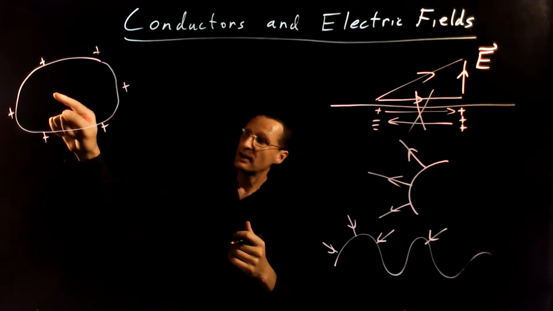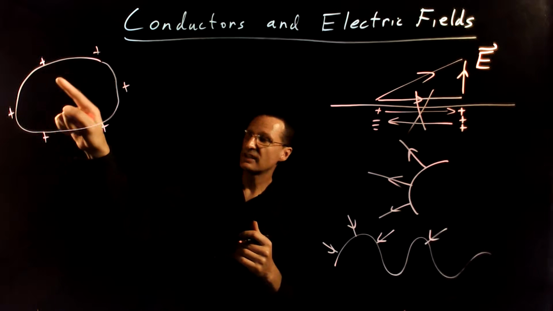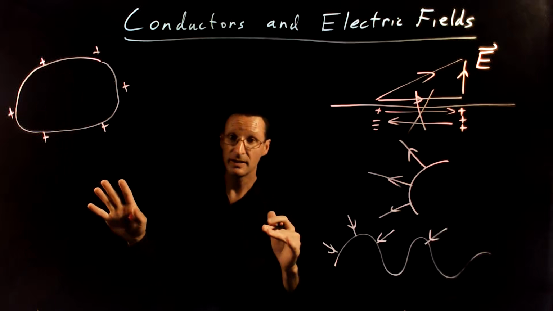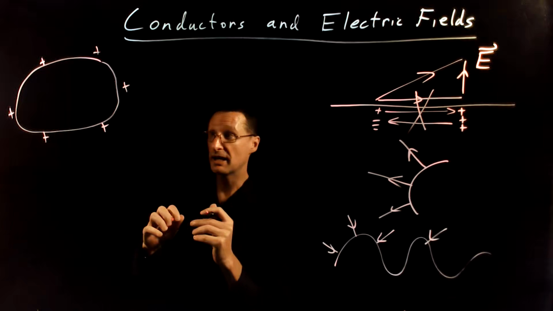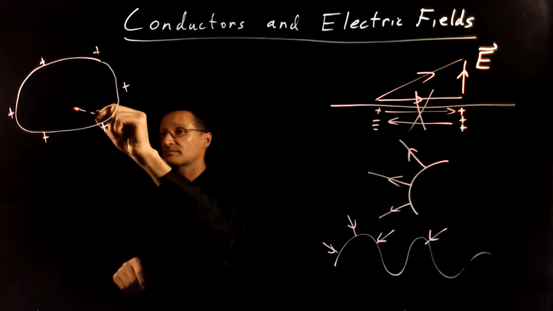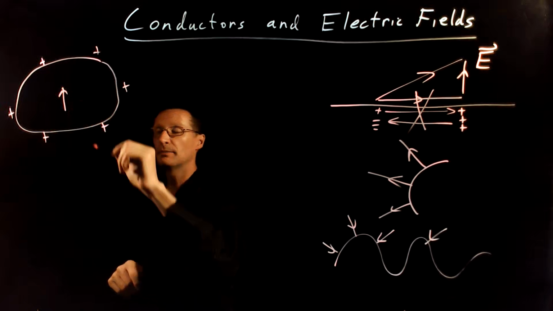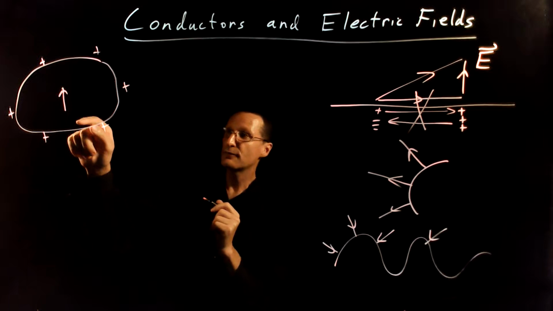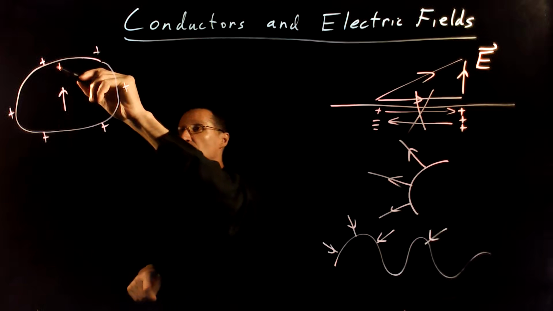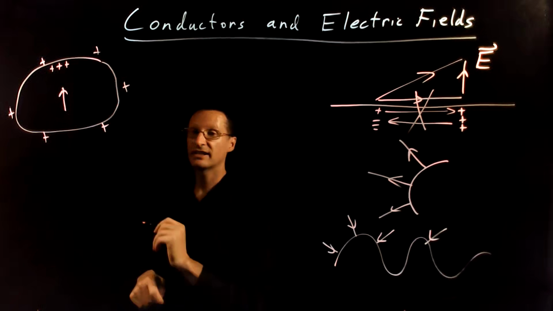Now, there's still some positive and negative charges in the center here, right? The whole thing is just positive and negative charges, but overall there's equal amounts. Imagine there's an electric field inside here, and let's say this electric field points up like that. Then the free positive charges inside the conductor will feel a force up, and they will begin to accumulate up there.